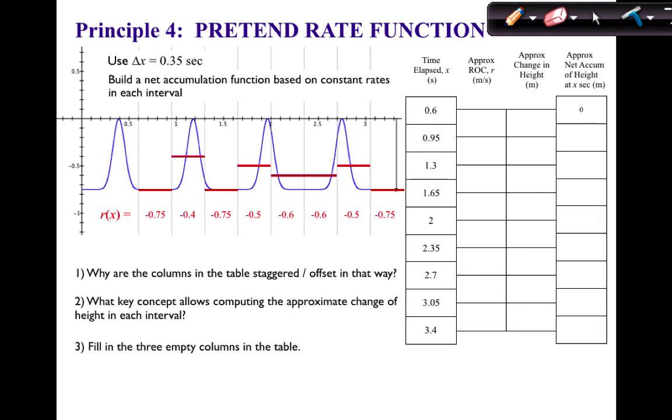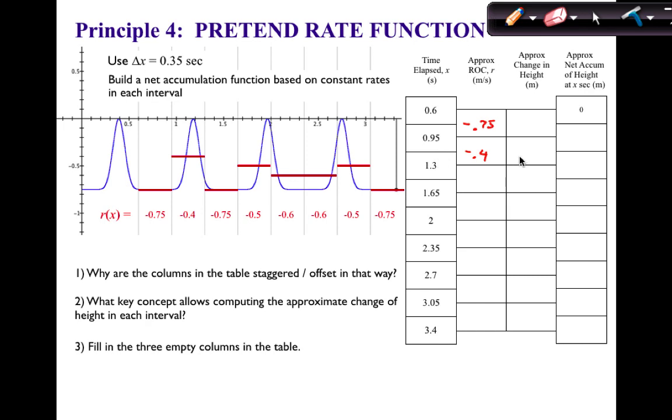Okay, and then how am I going to get the approximate changes in height for each interval, right? So I got red. So this was, say, negative 0.75, red, and then negative 0.4. So here we are, negative 0.4. How am I going to get the approximate change in height for this interval from 0.95 to 1.3?